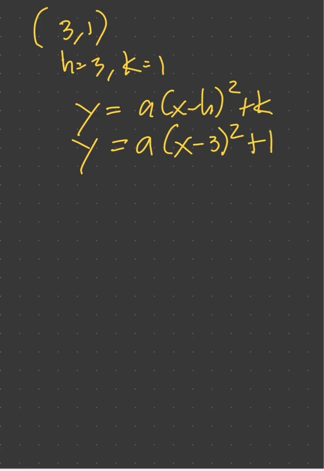The point P 5, 9 is on the graph. Show that a equals 2. How do you show that?